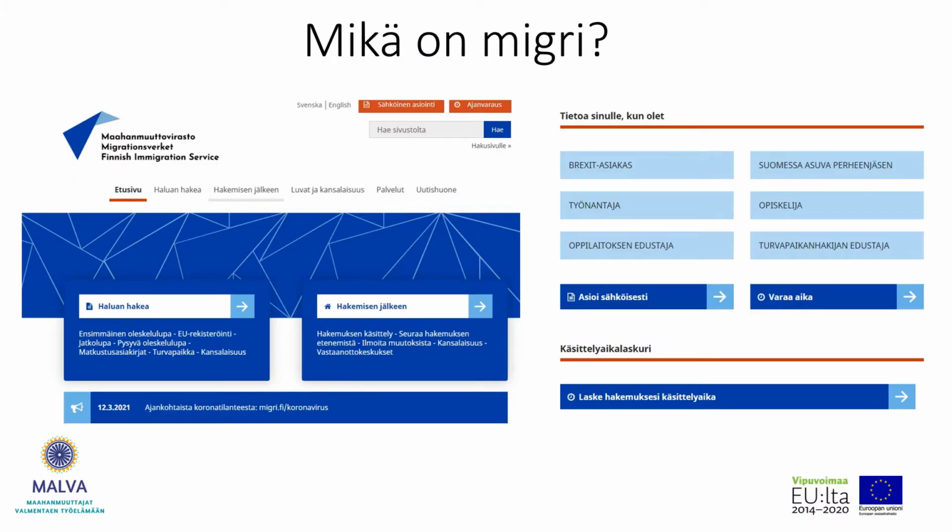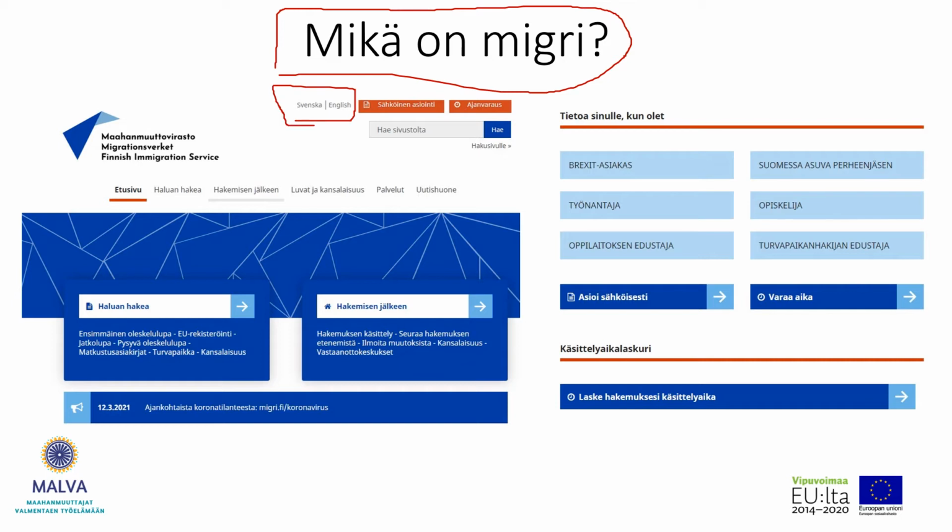So here we are on the front page of MIGRI, and this slide mainly focuses on the main contents of the front page, that is, how we can go into the different parts of the website. Here you can see that this site can be switched into Swedish and English, and then here are the e-services if you have the banking codes, and then here is the appointment section.